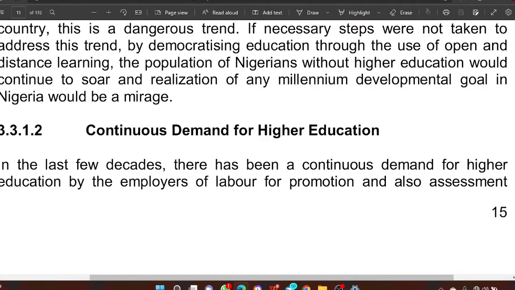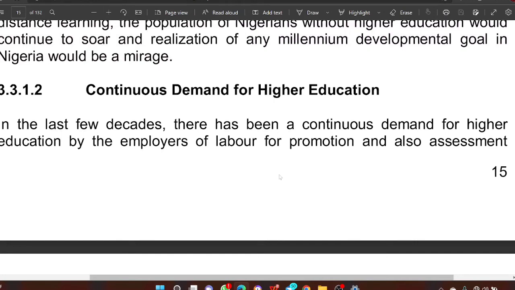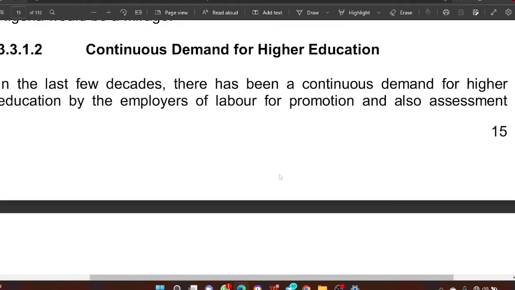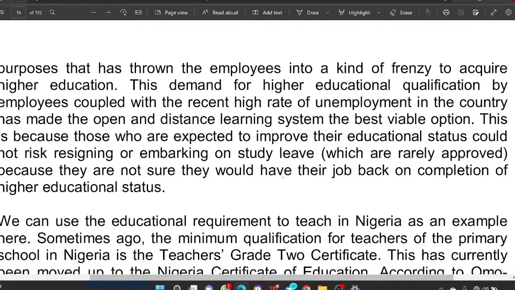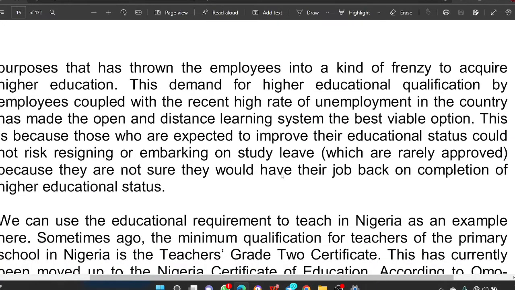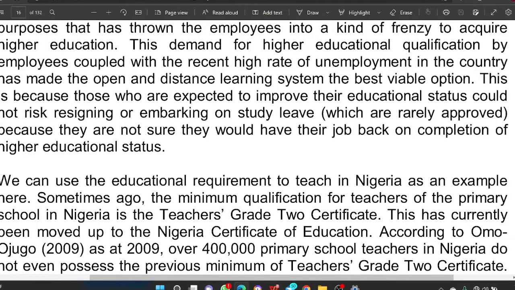We have continuous demand for higher education. In the last few decades, there has been a continuous demand for higher education by the employers of labor for promotion and also assessment purposes, that has thrown the employees into a kind of frenzy to acquire higher education.